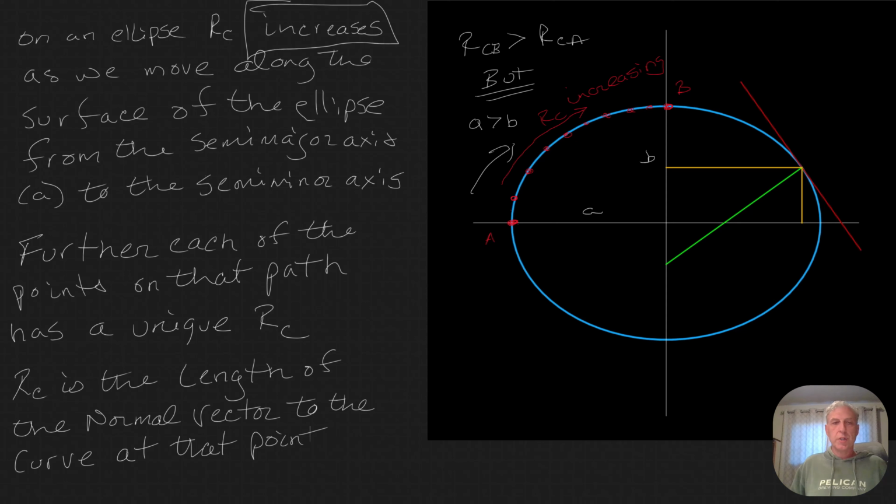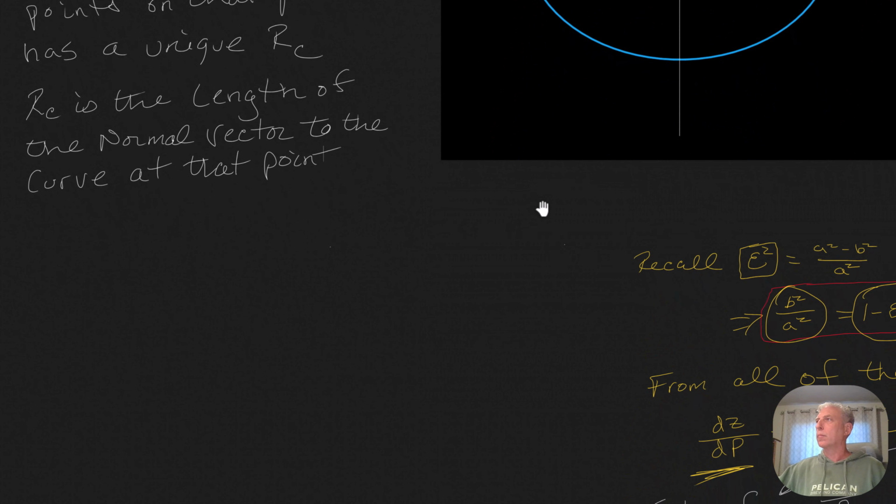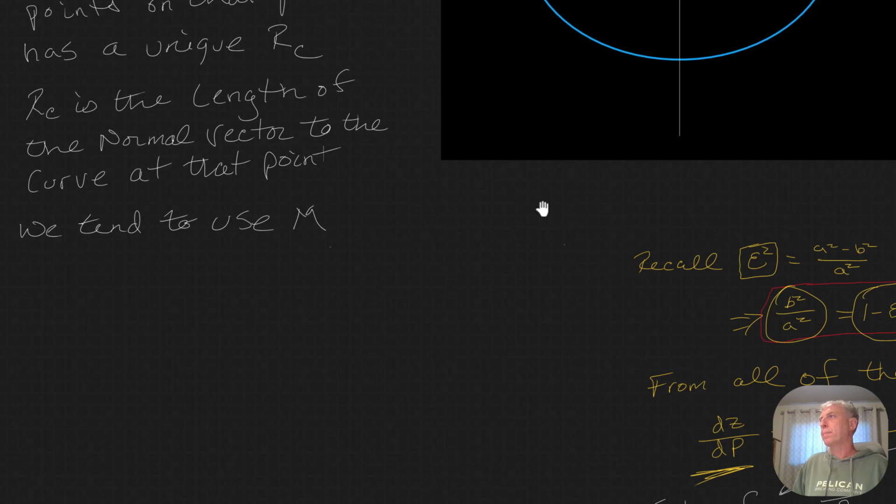And I've been using RC just for help with that concept image. We tend to use capital M for radius of curvature, and that's what I'll use from now on instead of R sub C, because then I start getting too many R's. M for radius of curvature.